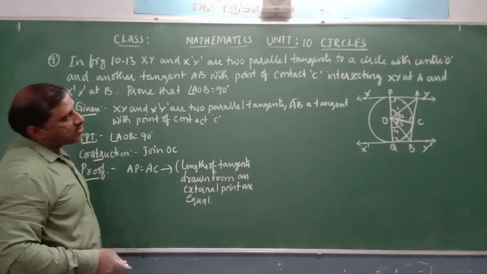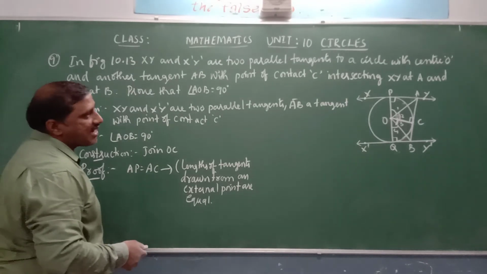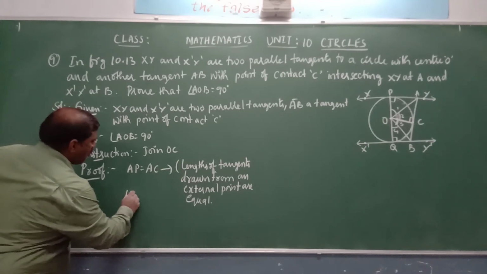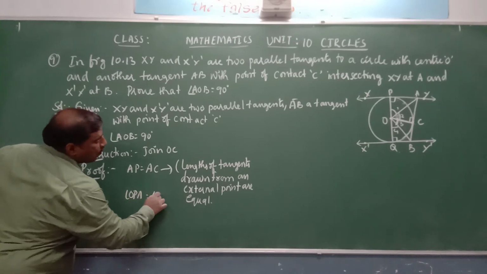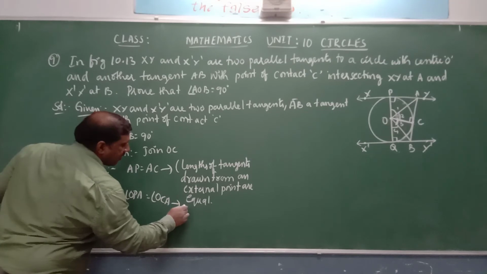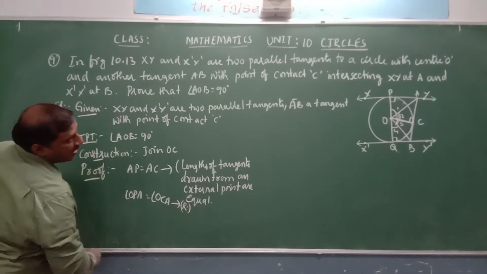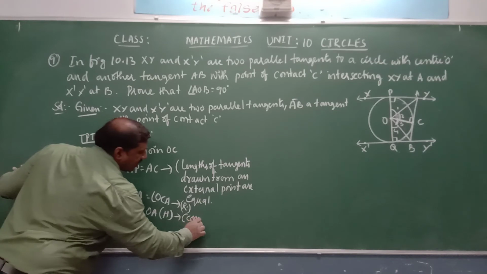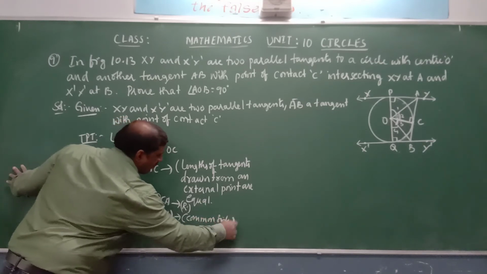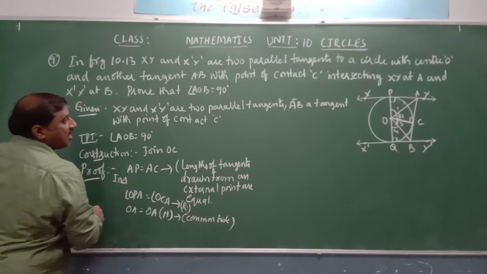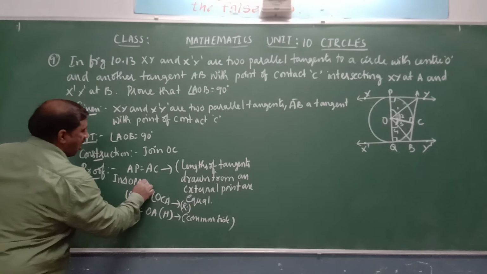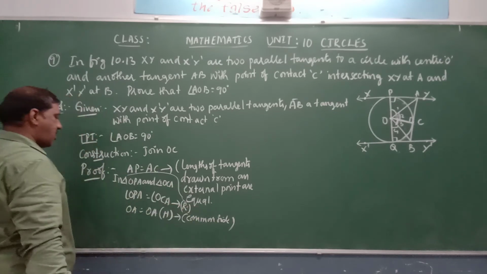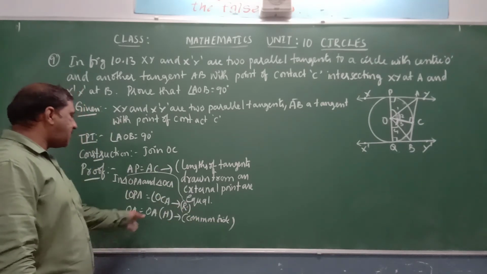In triangle OPA and triangle OCA, angle OPA is equal to angle OCA, that is right angle 90 degrees.